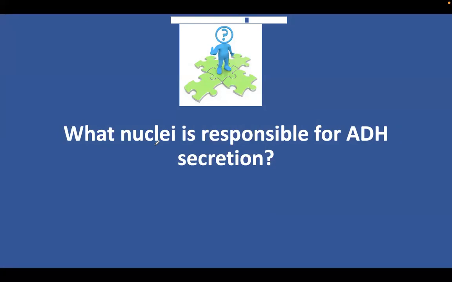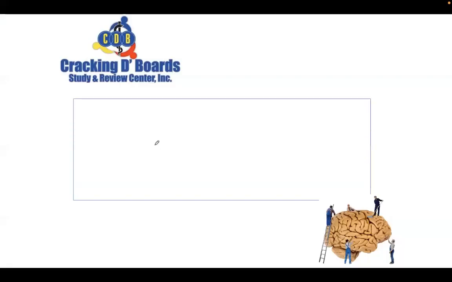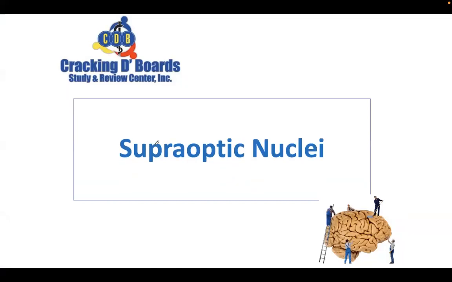Now, what nuclei is responsible for the secretion of antidiuretic hormone or your arginine vasopressin? So this is the supraoptic nuclei.